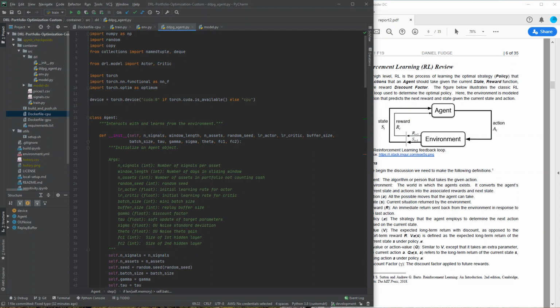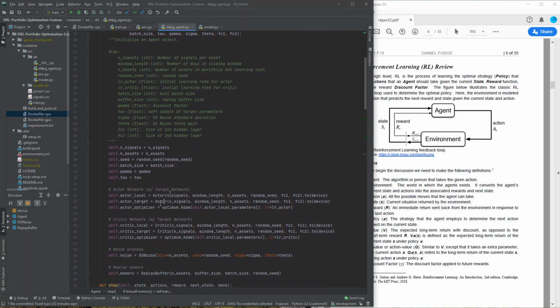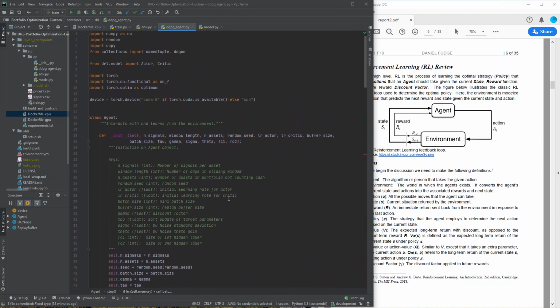So these two things work together all the time, one assessing how well it did, and one saying what I should do. Each of those is an artificial neural net that we are going to build. Internally we actually have 4, because we have a local and a target, but again, that's more of a detail. So we have 2 actors and 2 critics running together to make this a reinforcement learning agent.